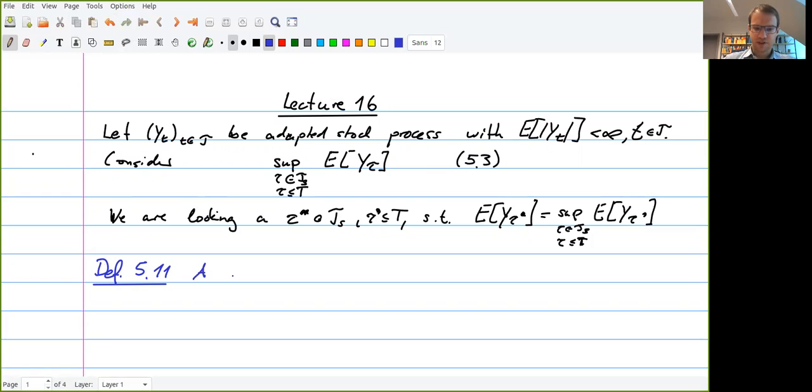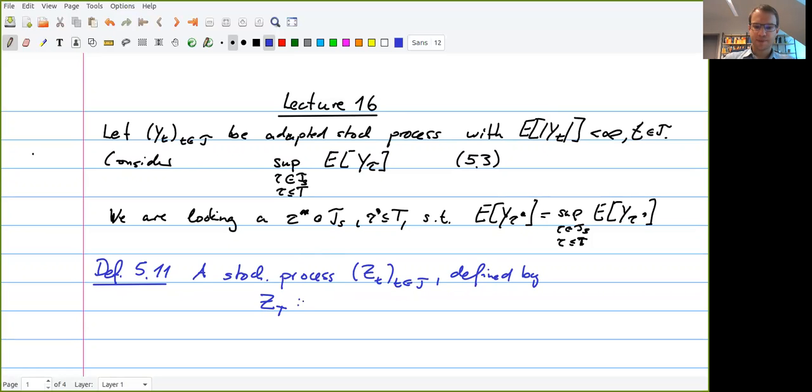So this brings us to our first definition for today, which is definition 5.11. And this is the definition of a Snell envelope. So we define the following stochastic process, let's call it Z. How do we define it? We have here an underlying or given process Y. So we define it by a backward procedure.